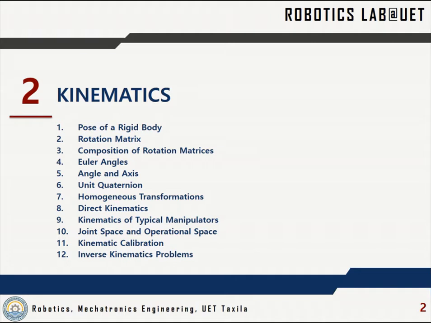These are the contents of my today's lecture. But before I begin, let me give you a brief introduction about what exactly kinematics is. A manipulator can be schematically represented from a mechanical viewpoint as a kinematic chain of rigid bodies, which we call links, connected by means of revolute or prismatic joints.